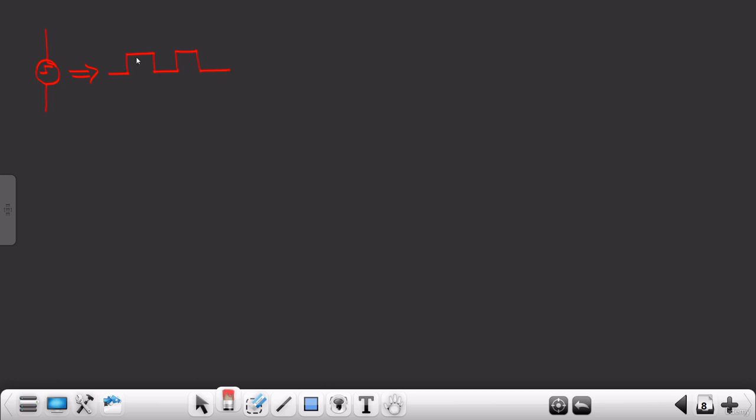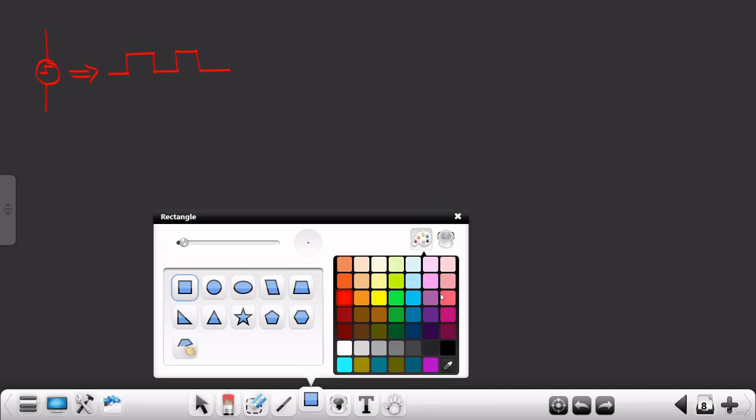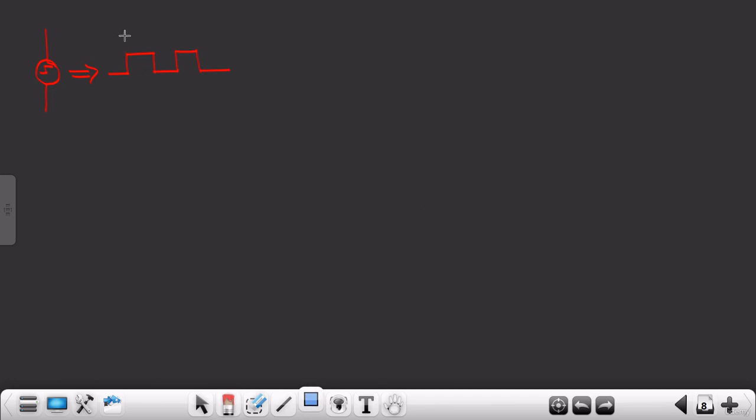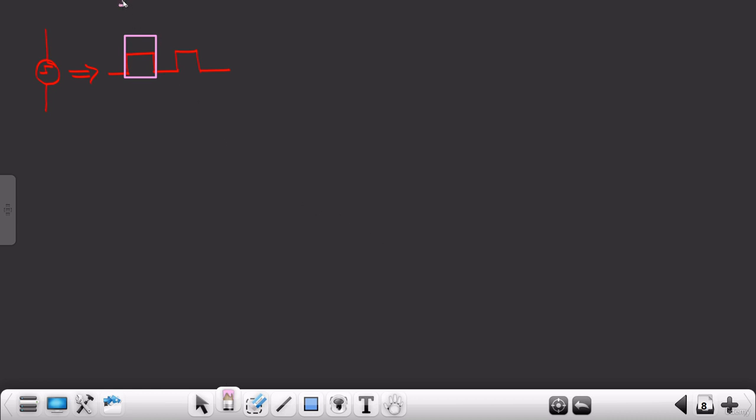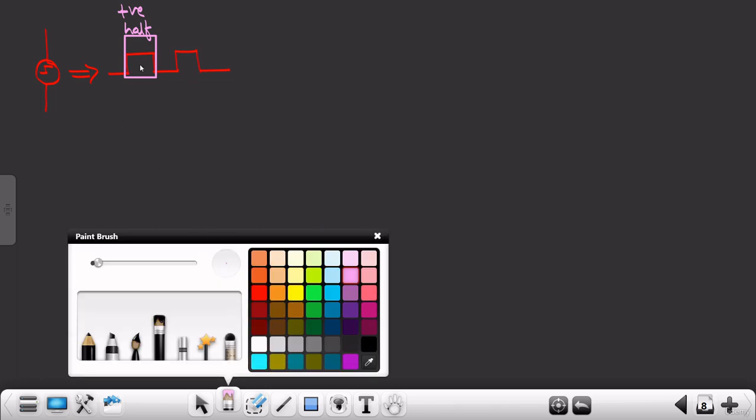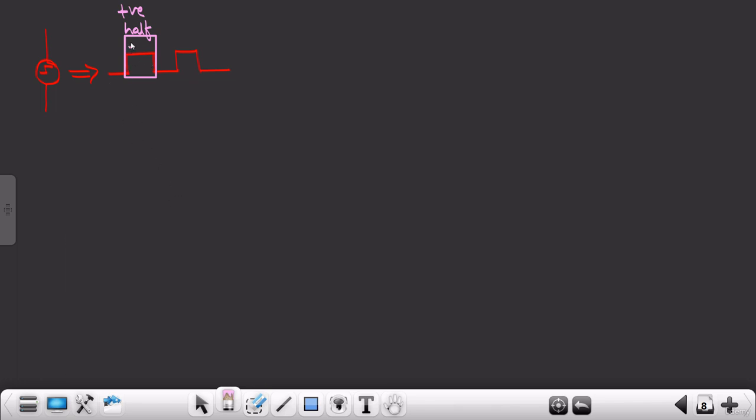Okay, so only think about this particular part. Just a second, I will take a different color. So now just think about this particular part, only the positive half. Now since we are dealing with plus 5 volts, let's suppose it is plus 5 volts.